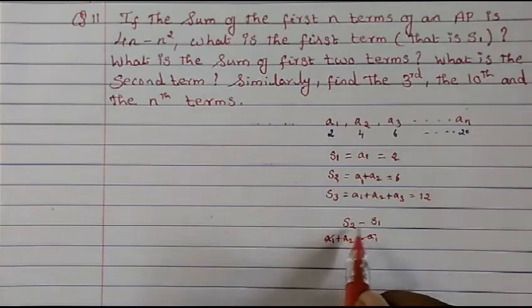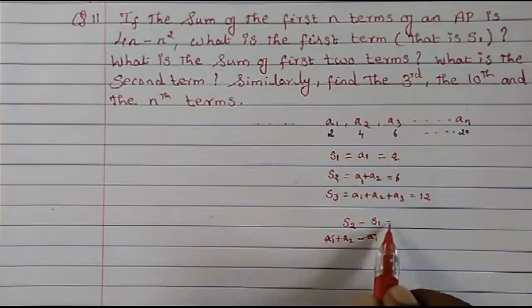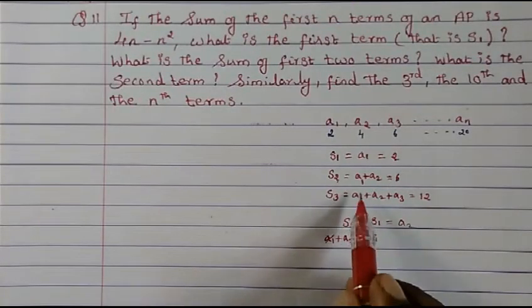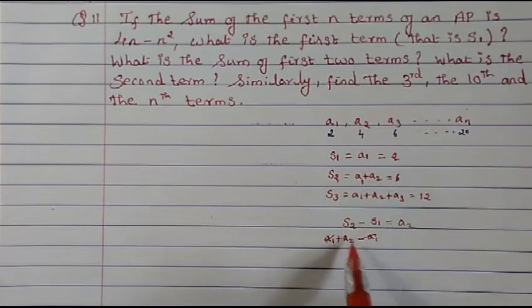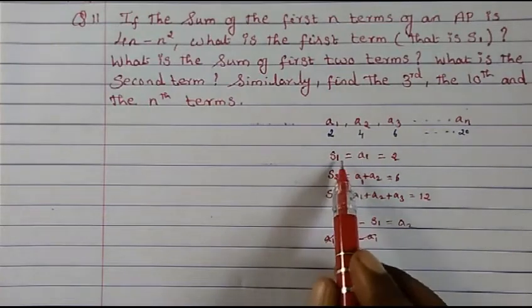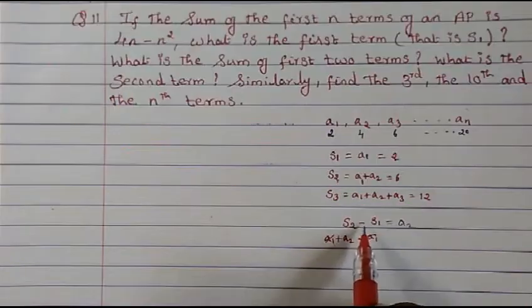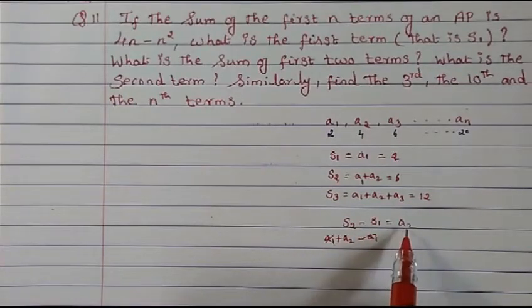So S2 minus S1 is giving me A2. I hope you are understanding. That means from S2, if I minus S1, I am getting A2.